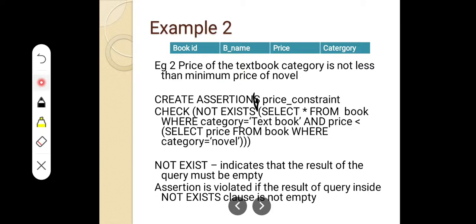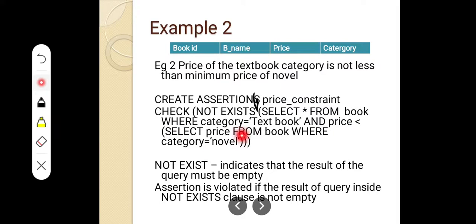In the outer query I will retrieve the textbooks. So select star from book where category equal to textbook and price less than. Price less than what? Price less than the price of the novel.